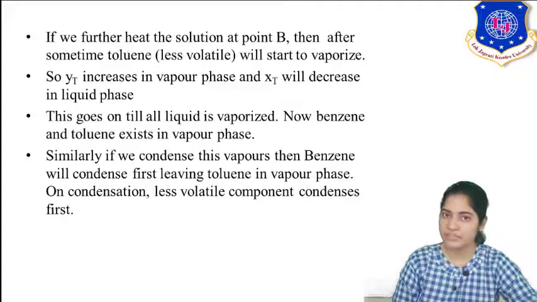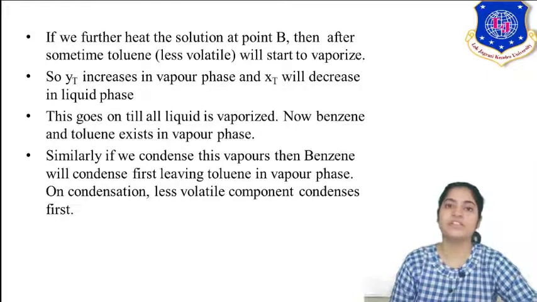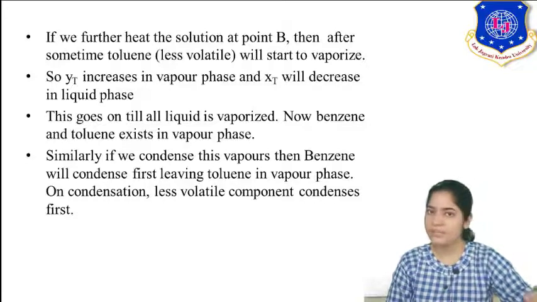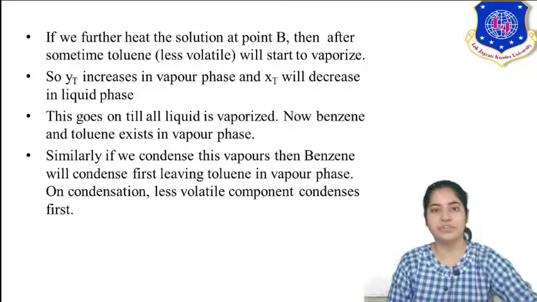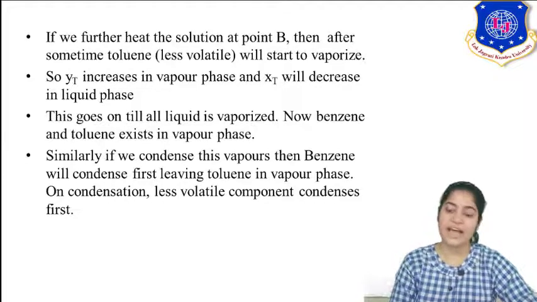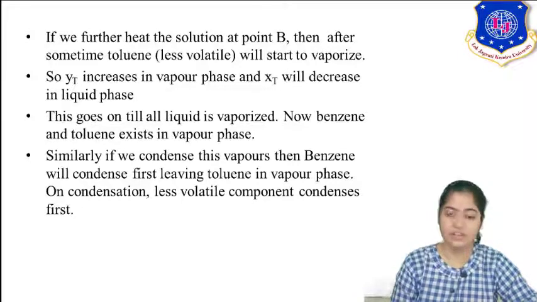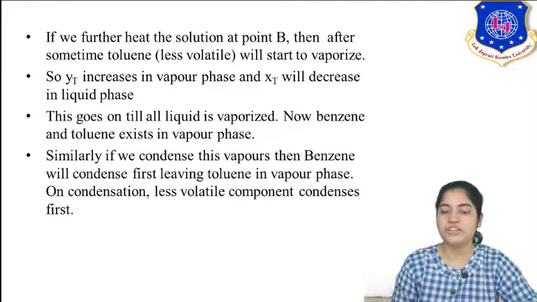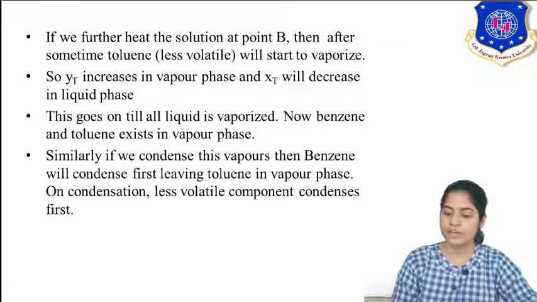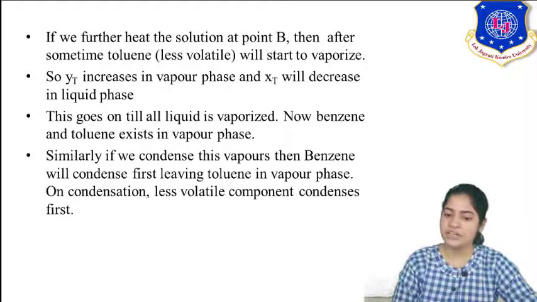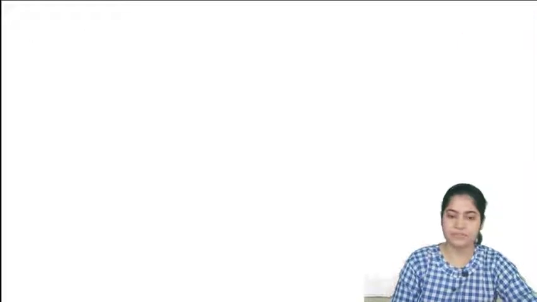Why will benzene condense first? Because it is more volatile. As I am decreasing the temperature, it will liquefy first. As liquefaction of benzene occurs, my vapor phase would now be rich in toluene. So this way, on condensation, the less volatile component condenses first.